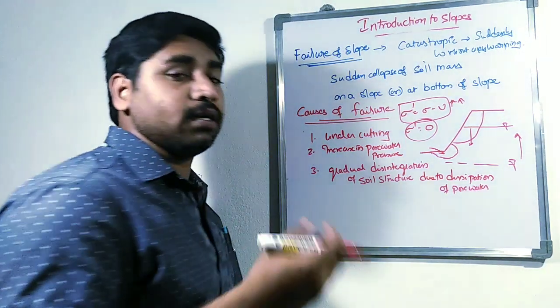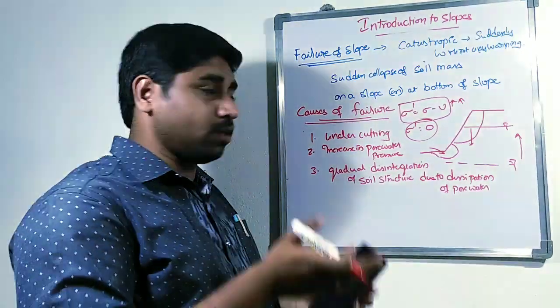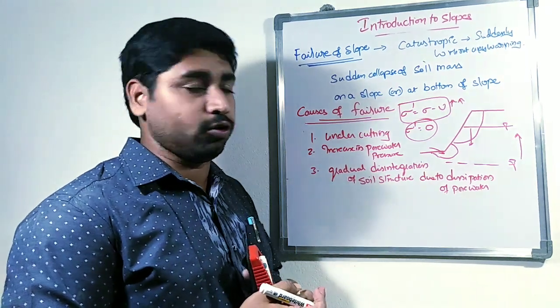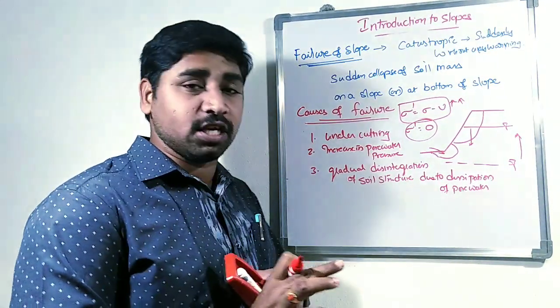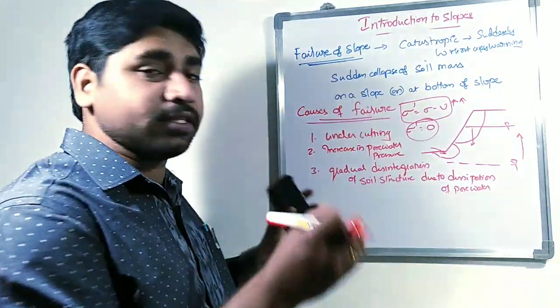So dissipation means reduction of pore water pressure. Because of the reduction of pore water pressure also, what is going to happen is soil structure is going to undergo a disintegration process, separation process.